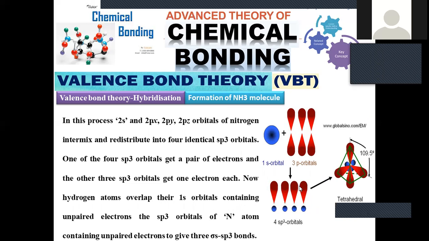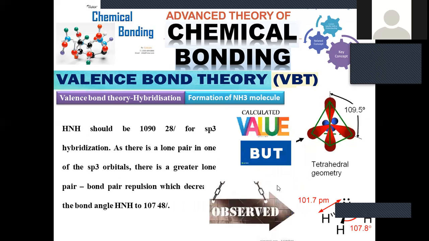In order to get sp3 hybridization, the 2s orbital gets intermixed with the 3 p orbitals, so that tetrahedral geometry is assigned. In general, tetrahedral geometry should give a 109 degrees 28 minutes bond angle, since 4 sp3 hybridized orbitals are involved. But in practice, instead of 109, the observed value is 107 only.